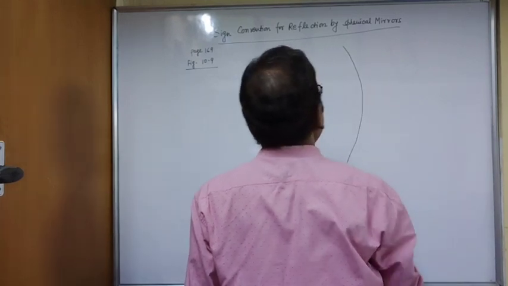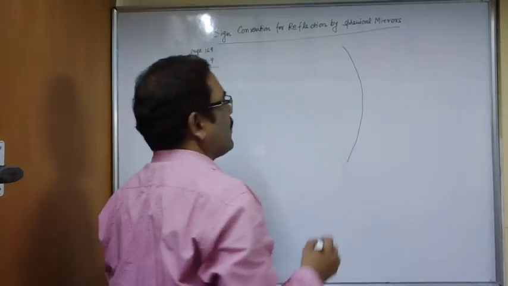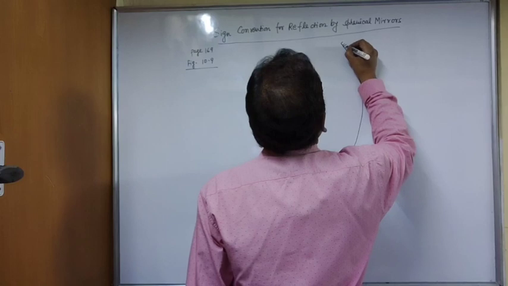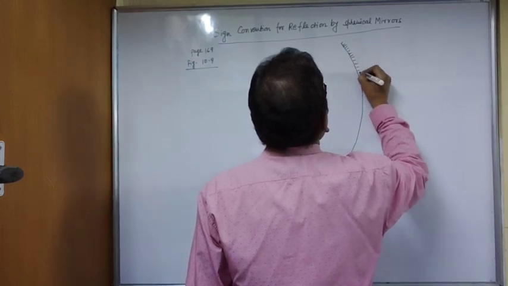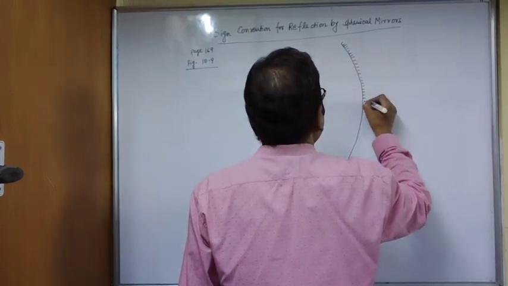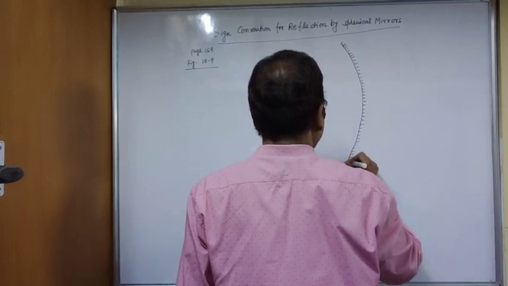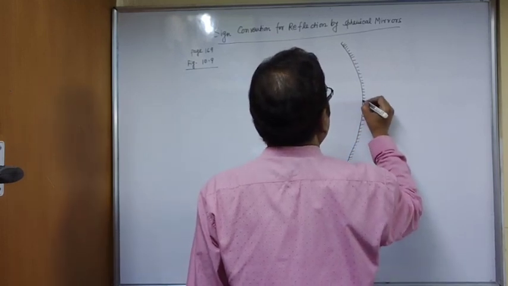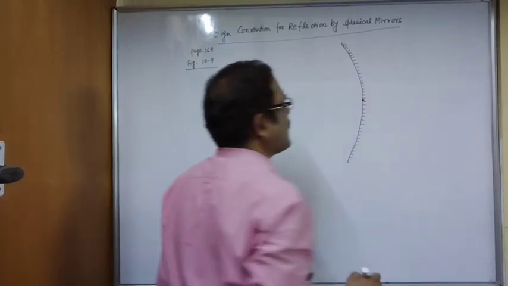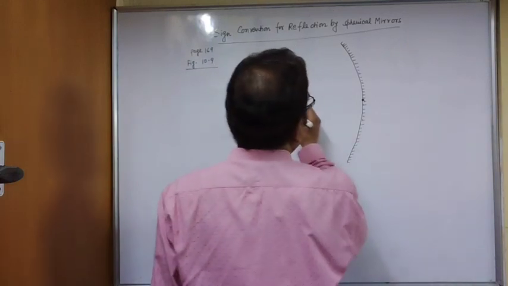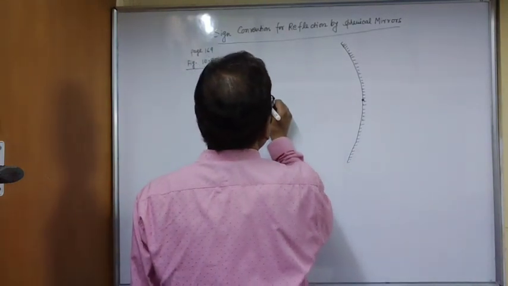Now you see there is a concave mirror, a reflecting surface, and mark a point P at the center of the reflecting surface.